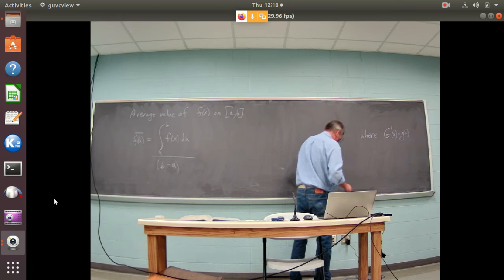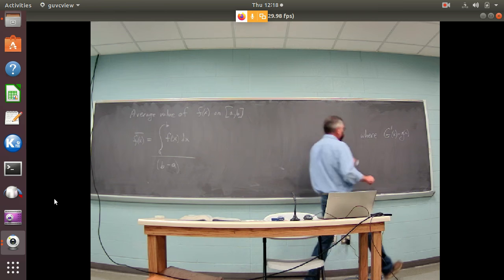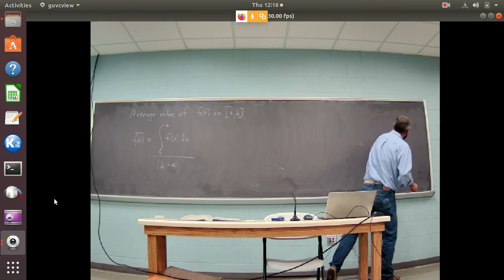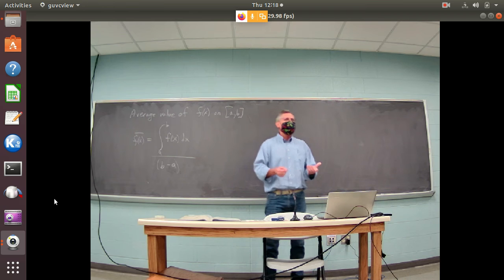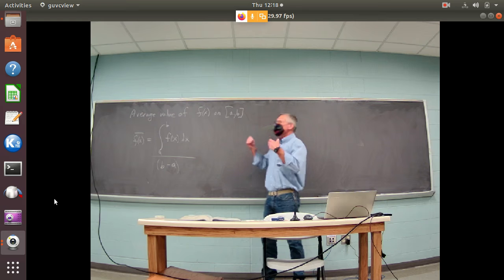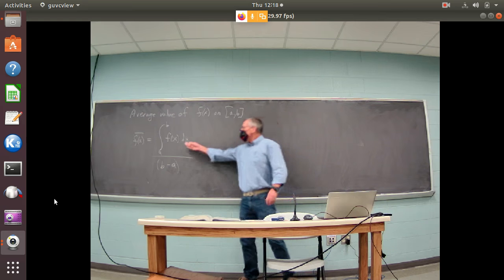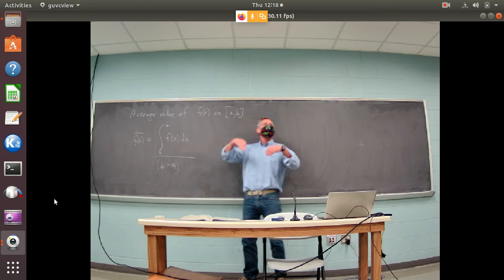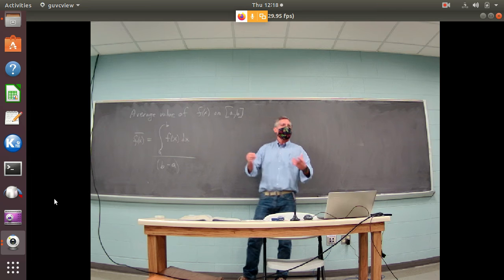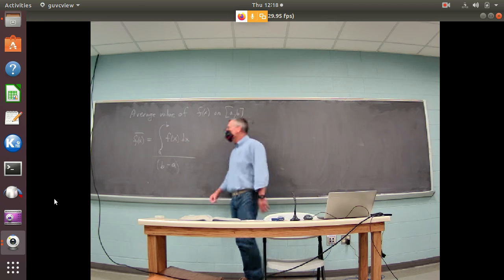Now, here is where this notion of thinking of an integral as area and so forth really helps a lot. So again, that integral is not defined by area. However, thinking of it, interpreting it as finding an area can be very helpful.